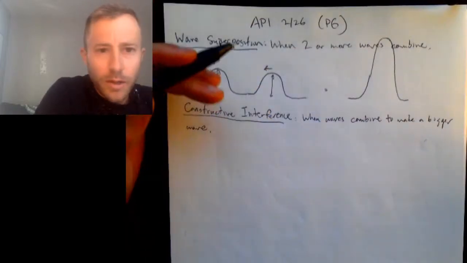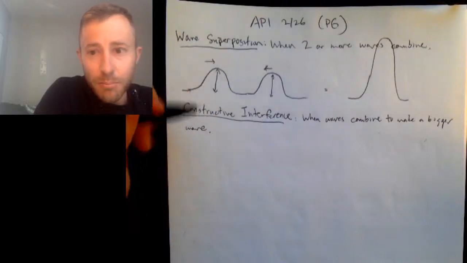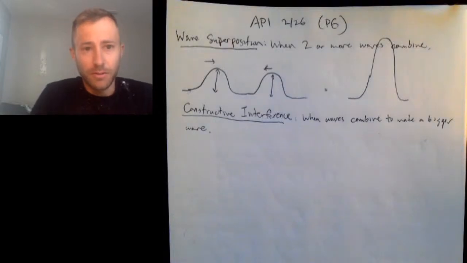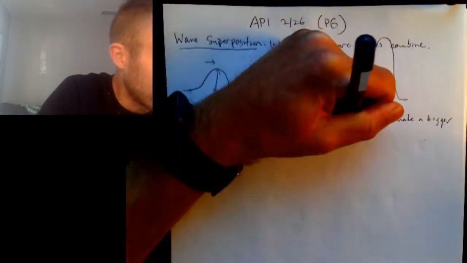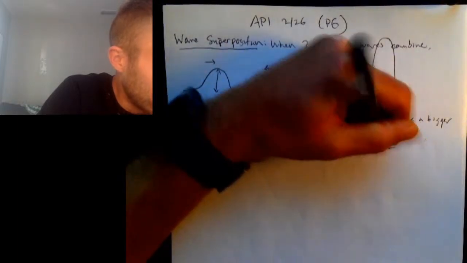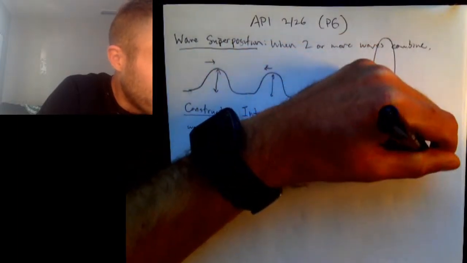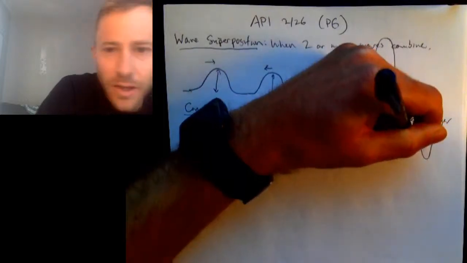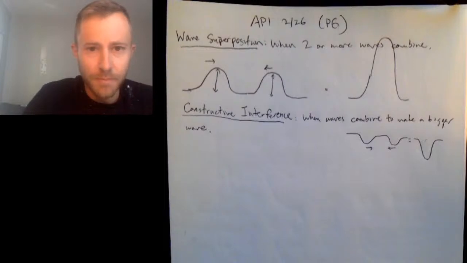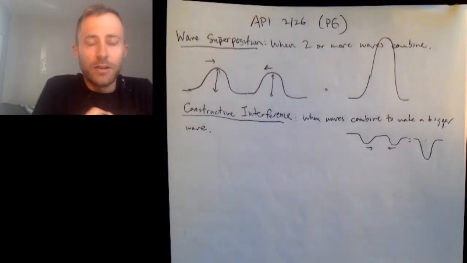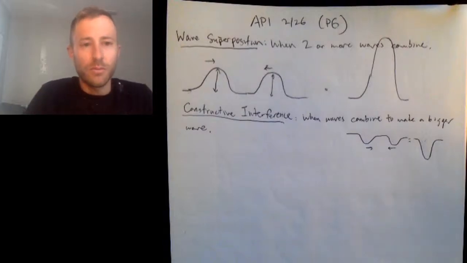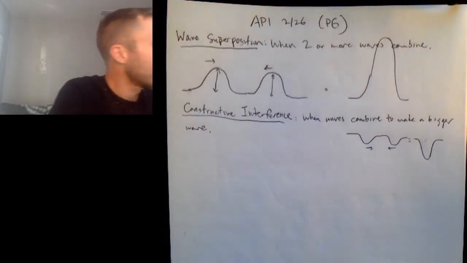An important point is that it doesn't have to be peaks. Two valleys can also combine to make a bigger valley. So you could have something where it's like this combining with this. These two combine and they make a bigger dip. So that also counts as constructive interference. So constructive interference is whenever the two waves combine to make the medium displaced even further from its equilibrium position. Okay.